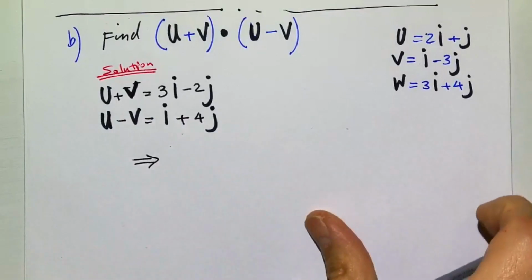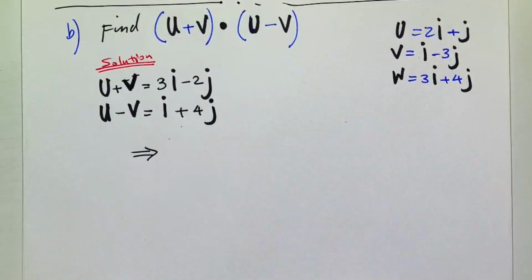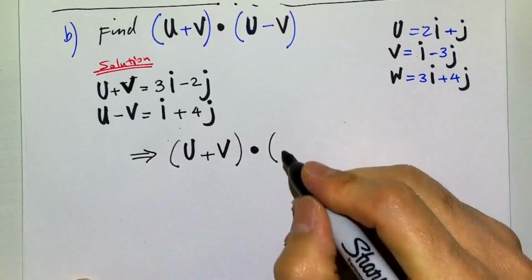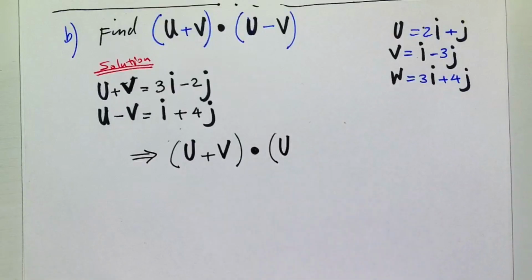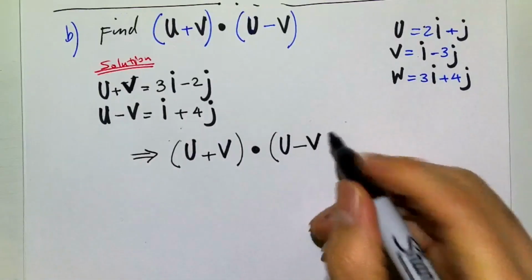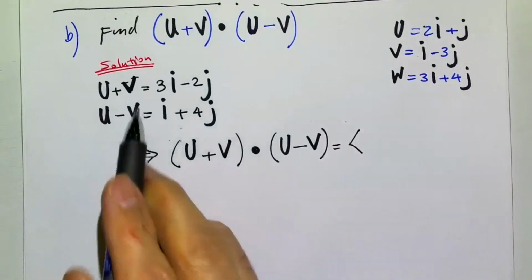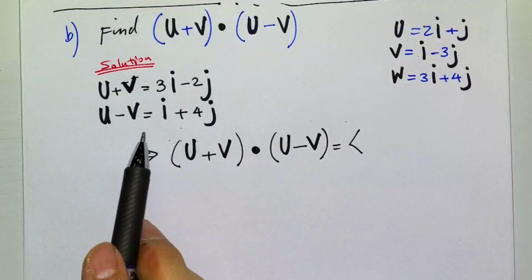So therefore, we have u plus v dot product u minus v is equal to, let's use their vector component form.